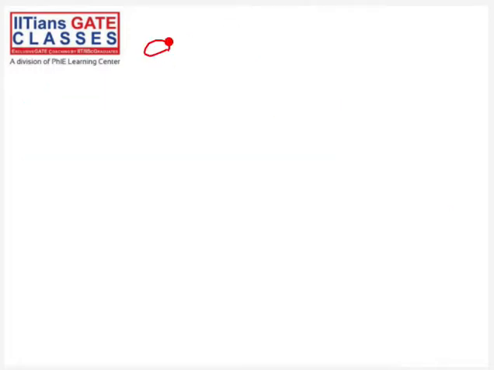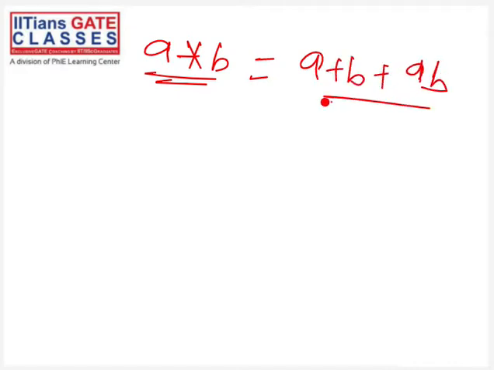So let's check the same star operation that we had defined. If you remember that star operation, a star b equals a plus b plus ab. Try to see whether this star operation is commutative or not.